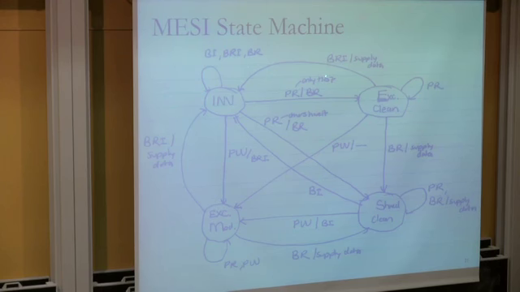And that depends on whether only this processor has requested the cache block or whether some other cache actually has the cache block, based on that wired OR signal that I talked about, right? So if this processor is the only processor that has the cache block, then it goes to the exclusive state. Otherwise, the block goes into the shared state. Okay? And other caches also act accordingly, right? This is local to each cache, if you will.